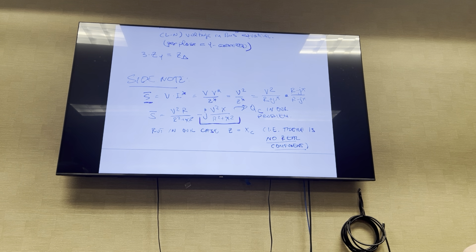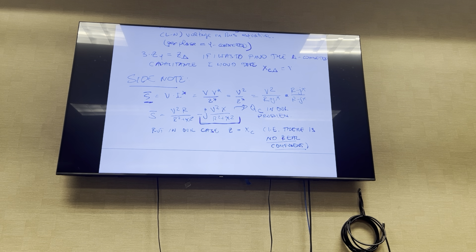So that implies if I was to find the delta connected capacitance, I would take XC delta equals XC Y times 3 using this equation here. And from there I could find C delta.